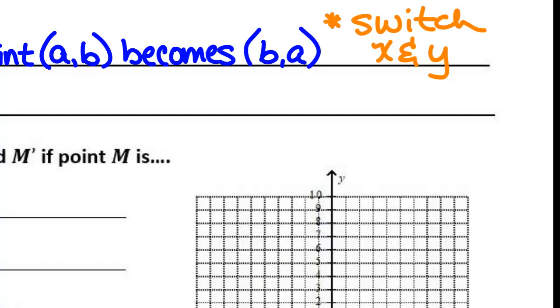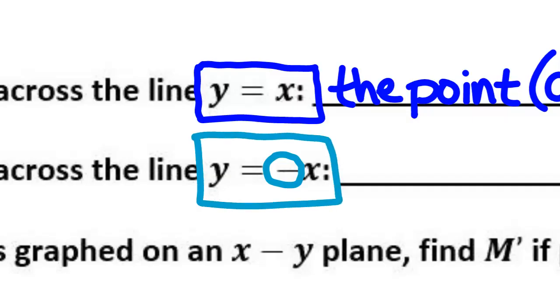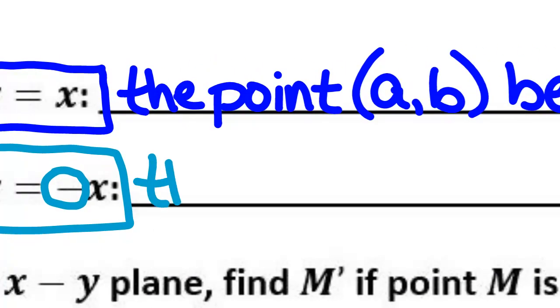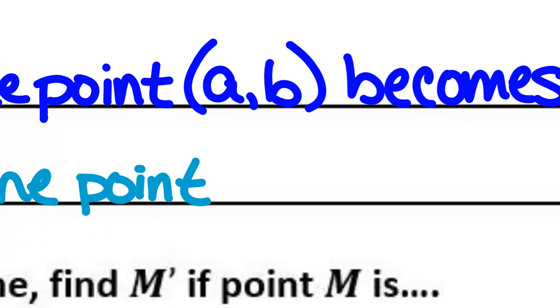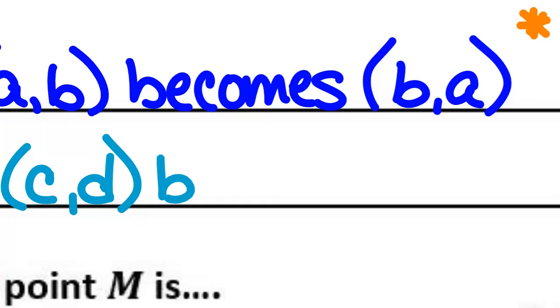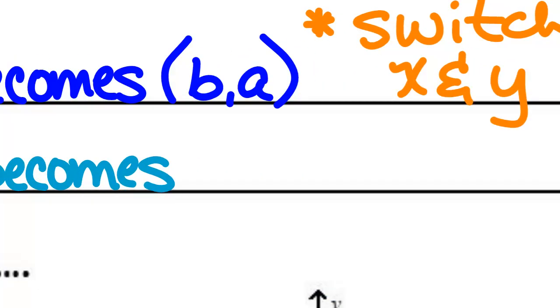You switch the x and the y coordinates. If we are going across the line y equals negative x, this is also a perfectly diagonal line, but it starts in the upper left and goes to the lower right. If we reflect across the line y equals negative x, the point (c, d) becomes (negative d, negative c).